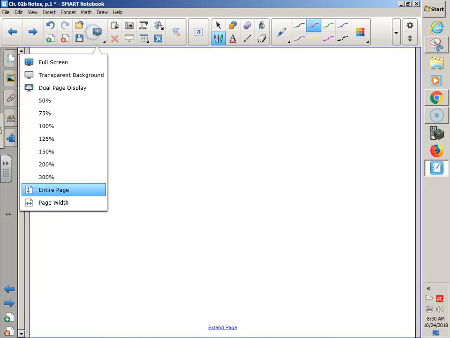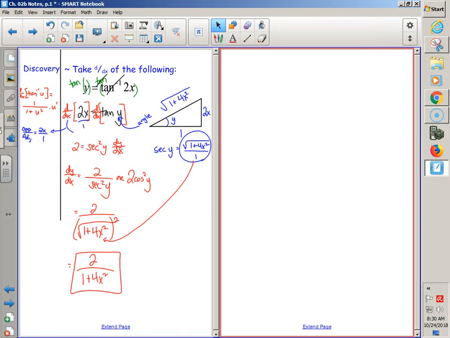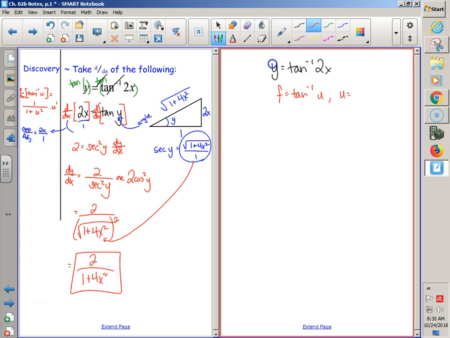Couldn't we come back to the very beginning and say, wait a minute, if I'm trying to take the derivative of y equals tangent inverse of 2x, couldn't I say that f is equal to tangent inverse of u, where u is equal to 2x, right?